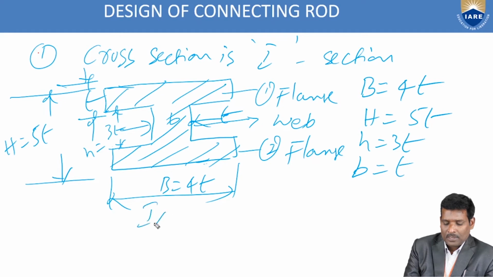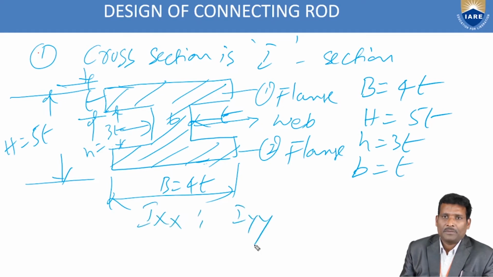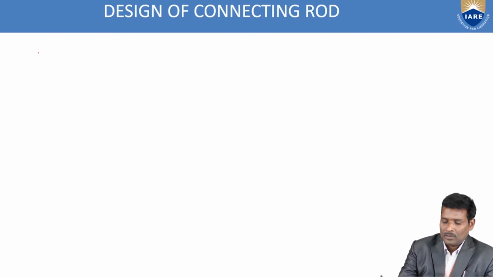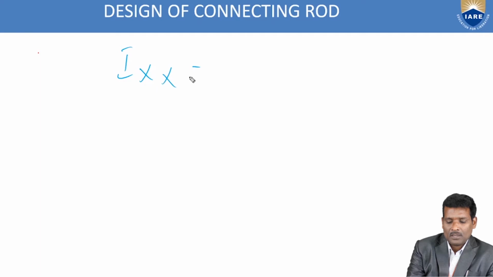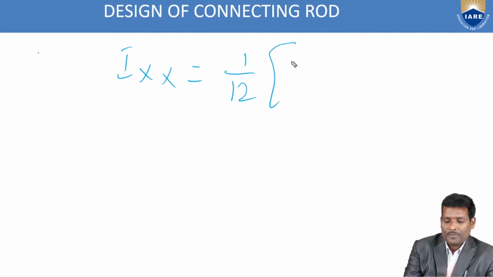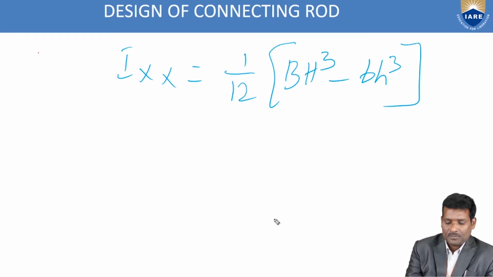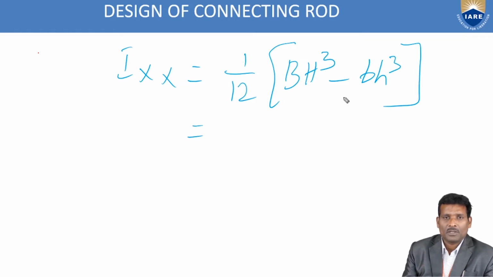So find Ixx and Iyy. Ixx, the moment of inertia about the x-axis, is 1 by 12 into (BH cube minus small b h cube). As shown in the figure, you already know capital H and small h, and capital B and small b.